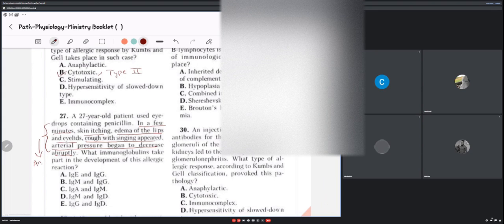So this is anaphylactic. But then we're being asked about the immunoglobulins. The table is up there. I don't want to scroll. But remember what I told you about IgE, which is responsible for allergic reactions, isn't it? Because all of this points towards allergic reactions. That's why IgE, the option with the IgE, although they have IgG and IgE here, but the main immunoglobulin is IgE here.